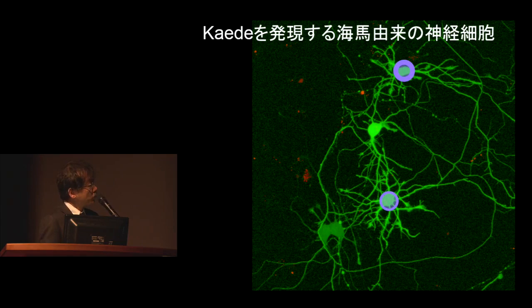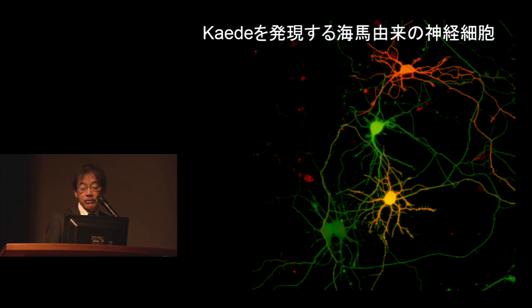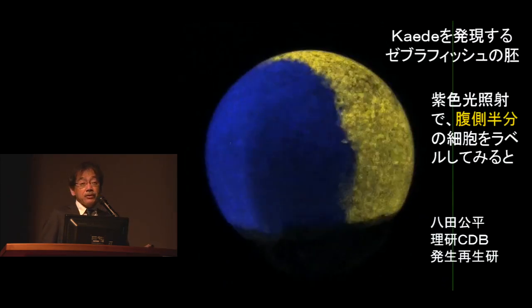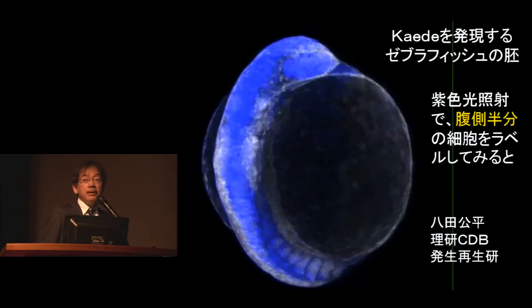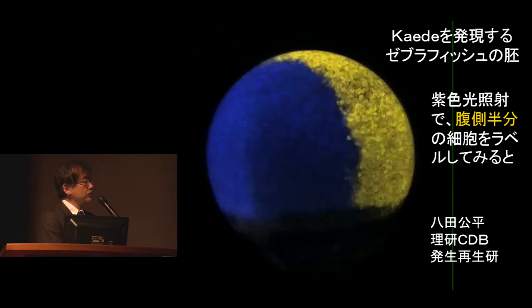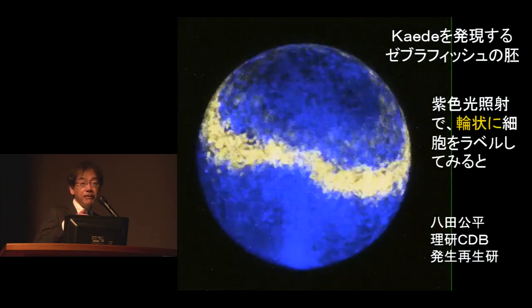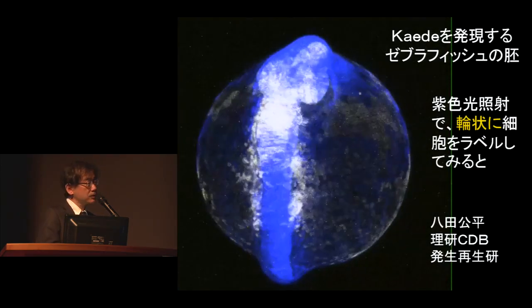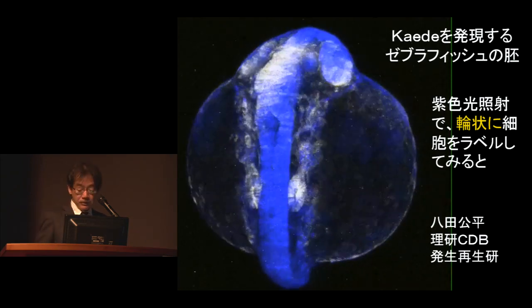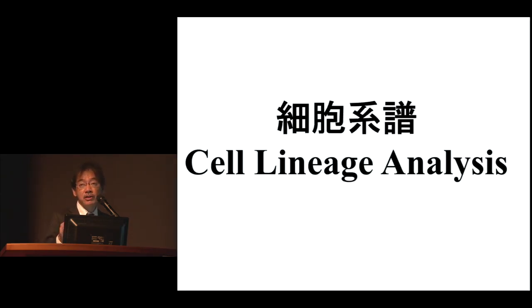But these two somata were illuminated by violet light for 0.5 second and 0.25 second, half a second and a quarter second. Then we enjoyed autumn colors on the petri dish. Okay. And Dr. Hatta at Kobe CDB generated Kaede transgenic zebrafish, and he followed the optically labeled cell populations during embryogenesis to perform cell lineage analysis. Okay.